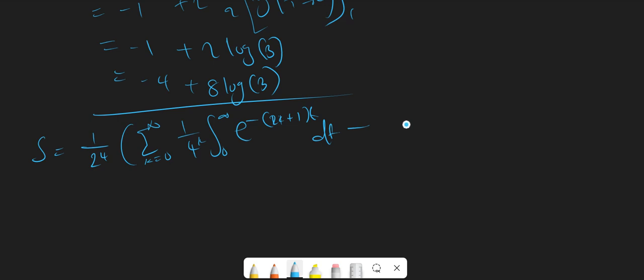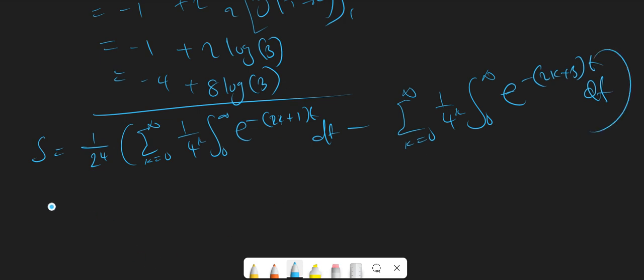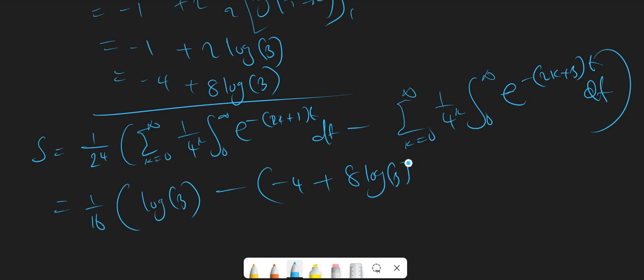So we subtract from this the sum as k runs from 0 to infinity of 1 over 4 to the k times the integral from 0 to infinity of e to the negative (2k plus 3) t dt. So this is going to be 1 over 16 times, the first one was log 3, then minus negative 4 plus 8 log 3 as well.